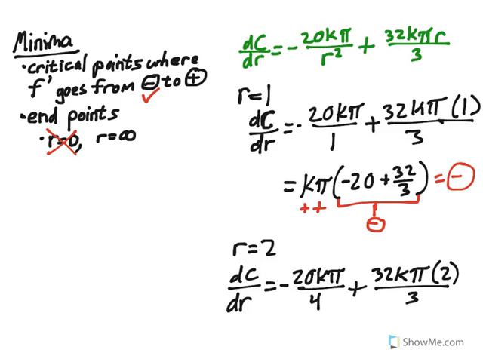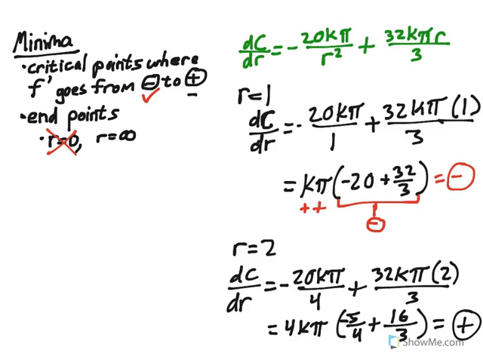Factoring out as much as we can, this is going to be 4k pi times the quantity negative 5 over 4 plus 16 over 3, and this is going to turn out to be a positive number.